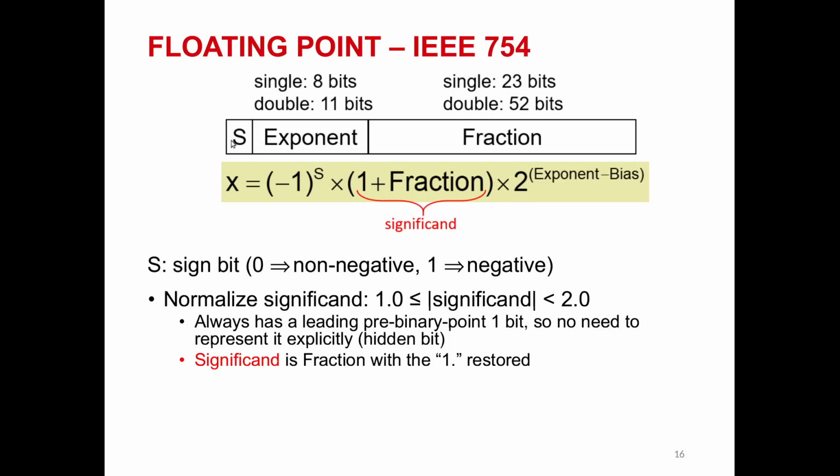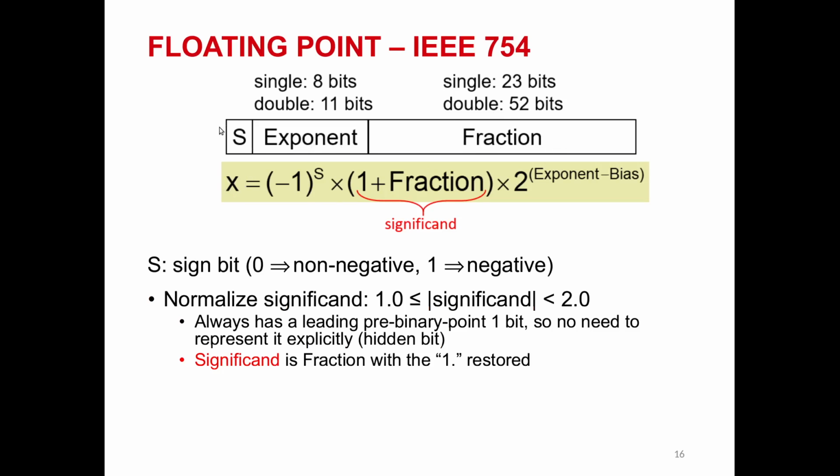You will have the first bit here. The most significant bit is the sign bit. If this sign bit is 1, it will be a negative value. If it is 0, it will be a positive value. And then the exponent and the fraction.